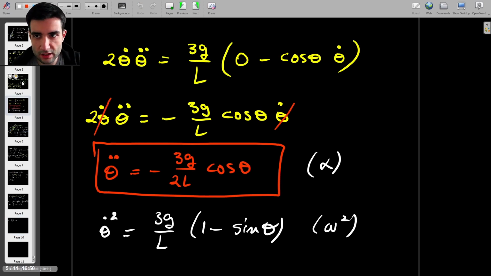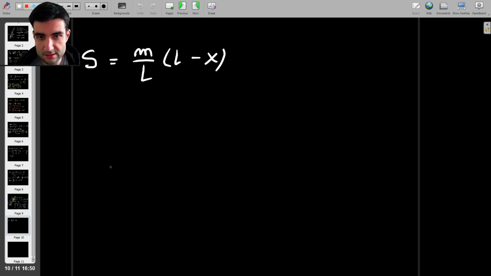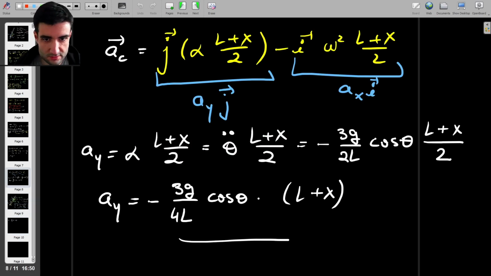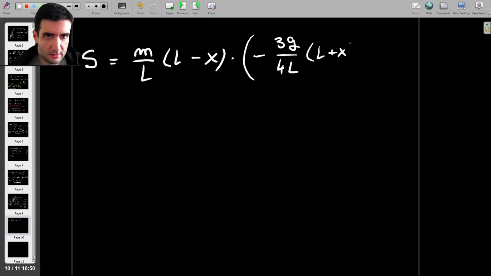So M over L, I need to drag this down here. Okay, so M over L times L minus X times the acceleration that we were looking for, which is this. So that's minus 3g over 4L cosine theta, or let me put the cosine theta at the end, like this.